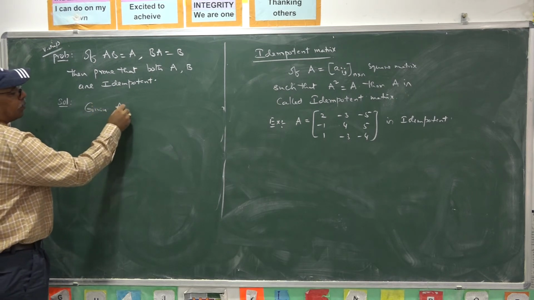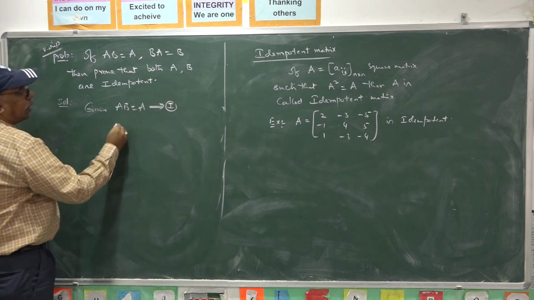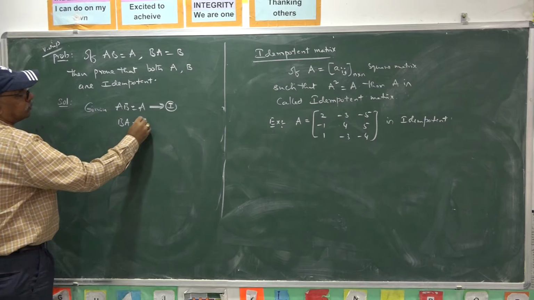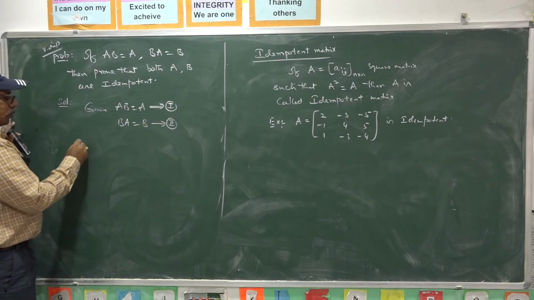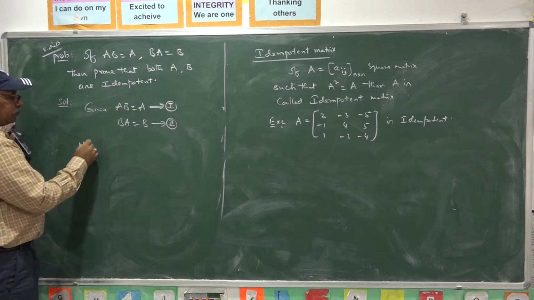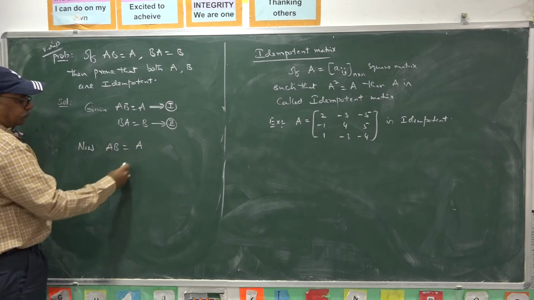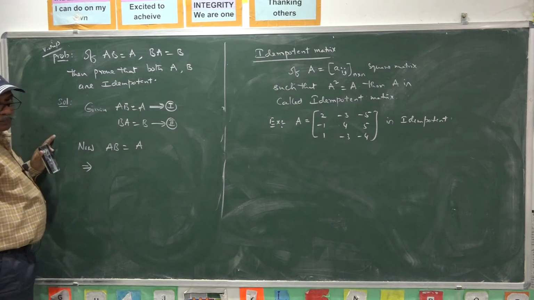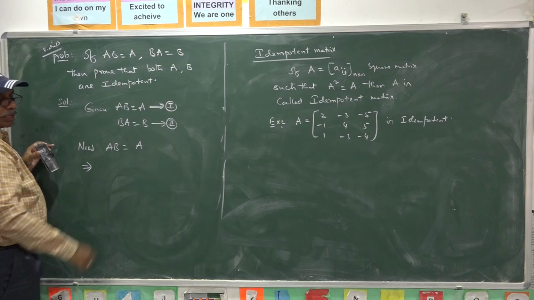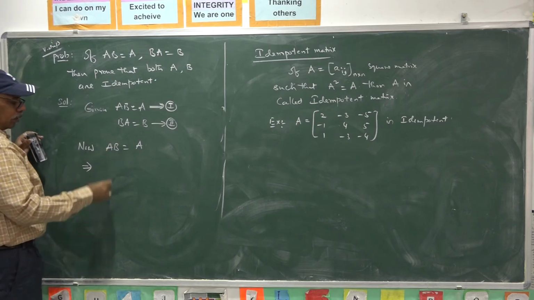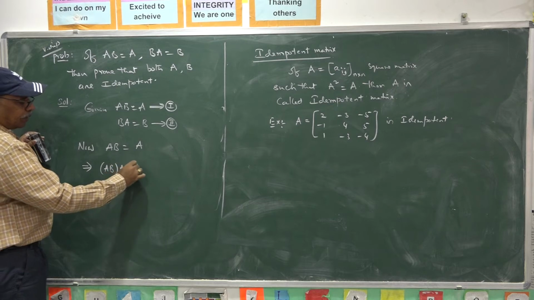Given AB equal to A, let it be 1, and BA equal to B, let it be 2. Now, AB equal to A. I am taking the first relation. Taking the product with A on both sides.